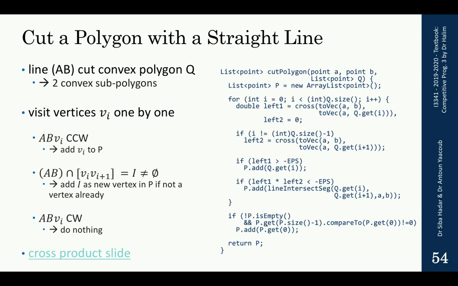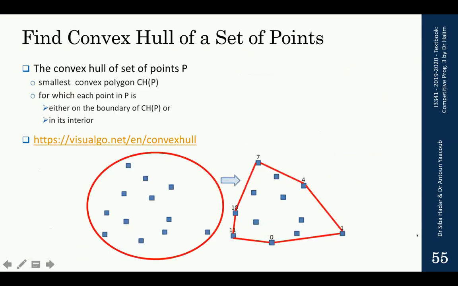So I will add the first point also as the last point, but I will add this only if the polygon is not empty, and if it is not already closed.